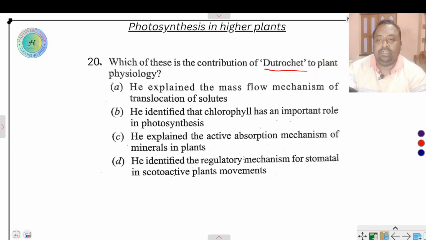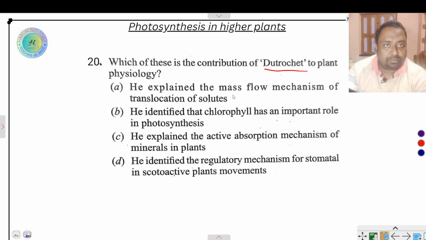Let us go through them. The mass flow mechanism of translocation of solutes is the mass flow hypothesis, where food, water and minerals are transferred from the leaf to the whole body of the plant.